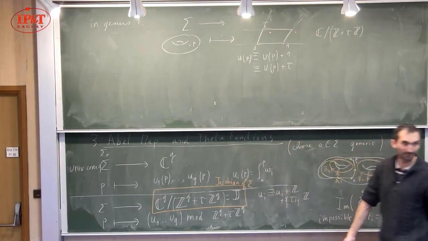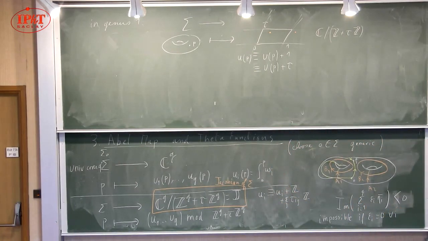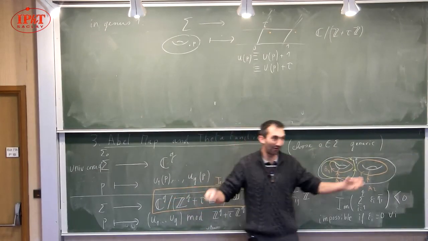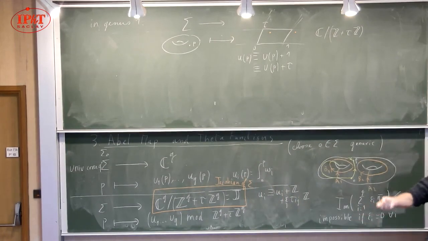Sorry, if you take a fundamental domain in C^g, do you get your 4g-gon which you had before? Yes, in some way, except that now this space is of complex dimension g, C^g. Indeed, you get a submanifold.